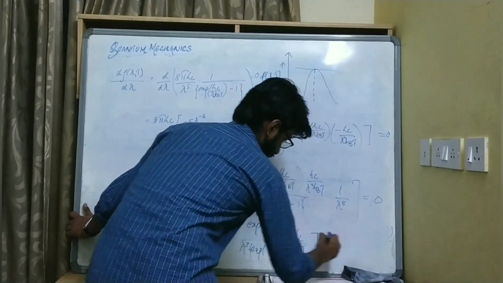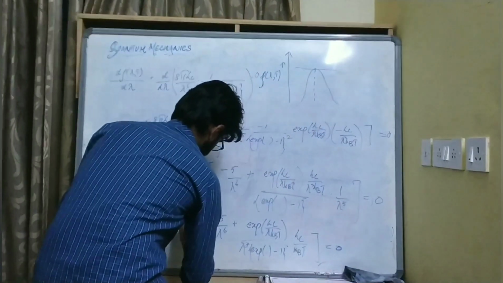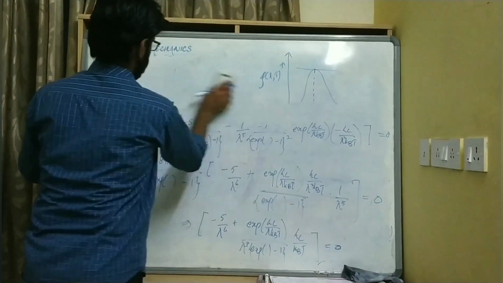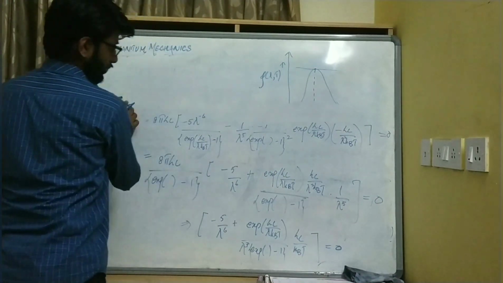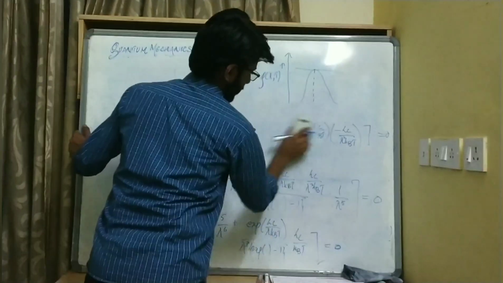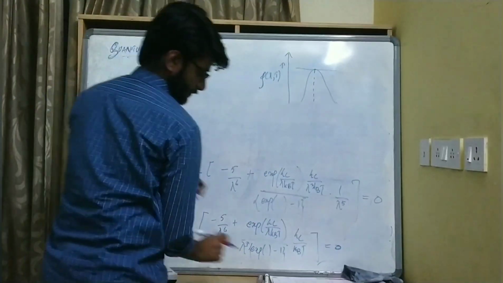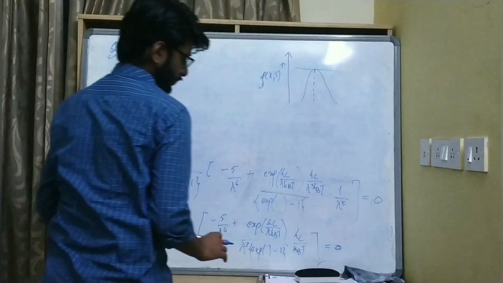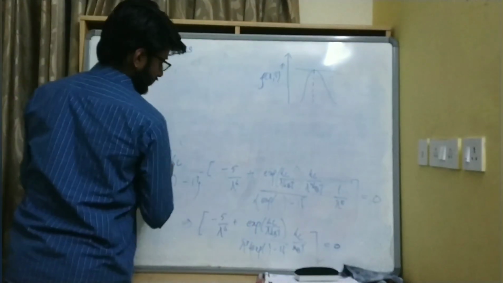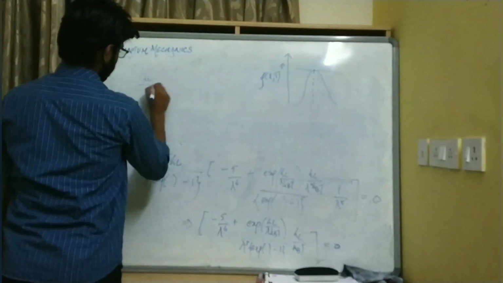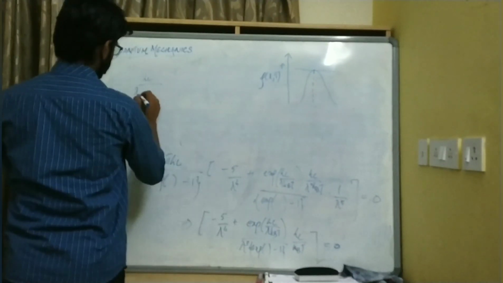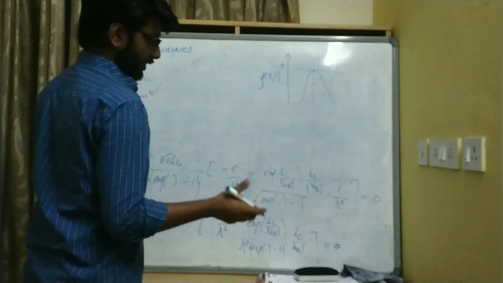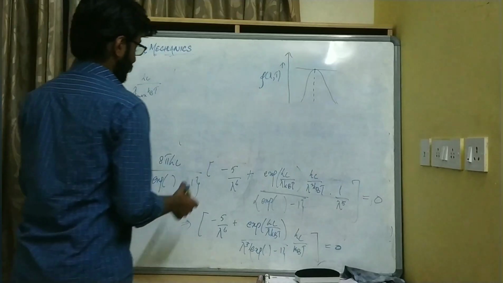This term is equal to 0. So you can simplify this equation and write it as hc by lambda max, interchanging lambda with lambda max, which is the same thing, because I'm going to get the Wien's law expression.